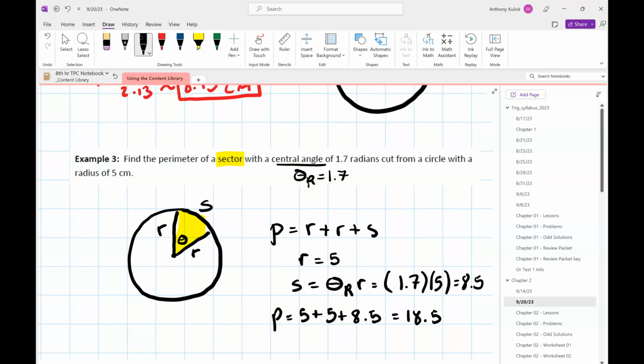And the unit there should be in centimeters. Yep.